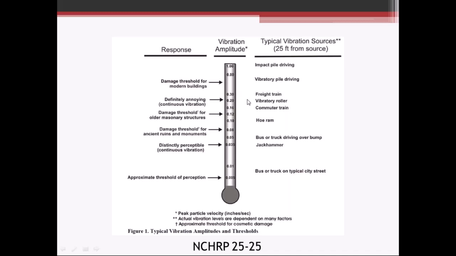Vibratory pile driving, less than that, obviously. And it kind of goes down. You see hoe rams down here, jackhammers, bus or truck on a typical city street. That's that 0.01, kind of where that threshold of perception is, down in that area.